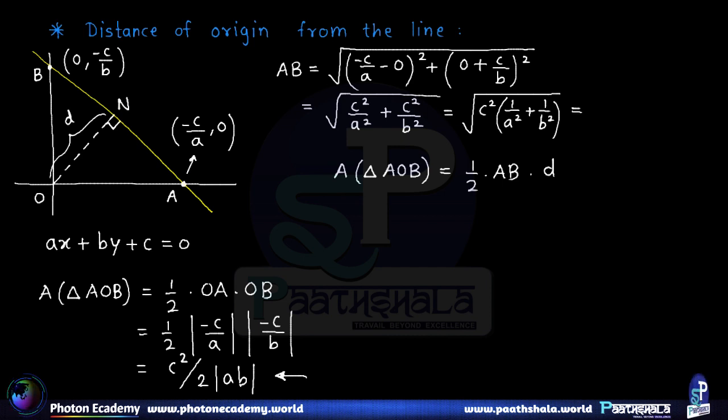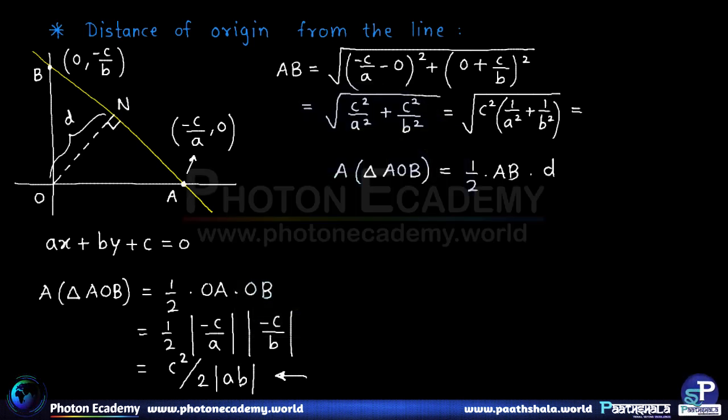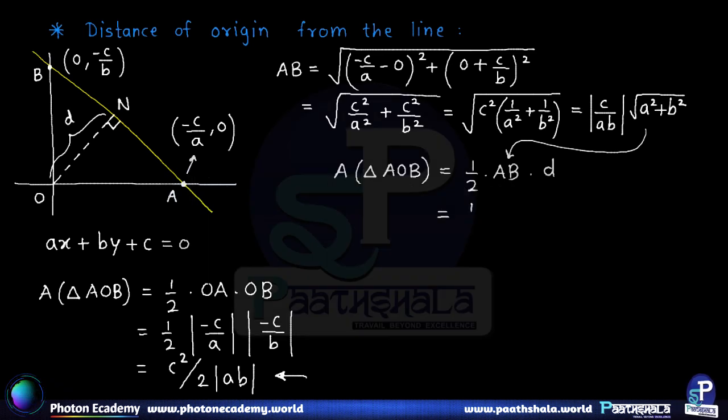And hence on cross multiplying and taking the roots outside, we get the final answer as mod C by AB into root of A square plus B square. So substituting this value of AB in the second expression of area that we just calculated, we write it as half mod C by AB into root of A square plus B square into D, right?